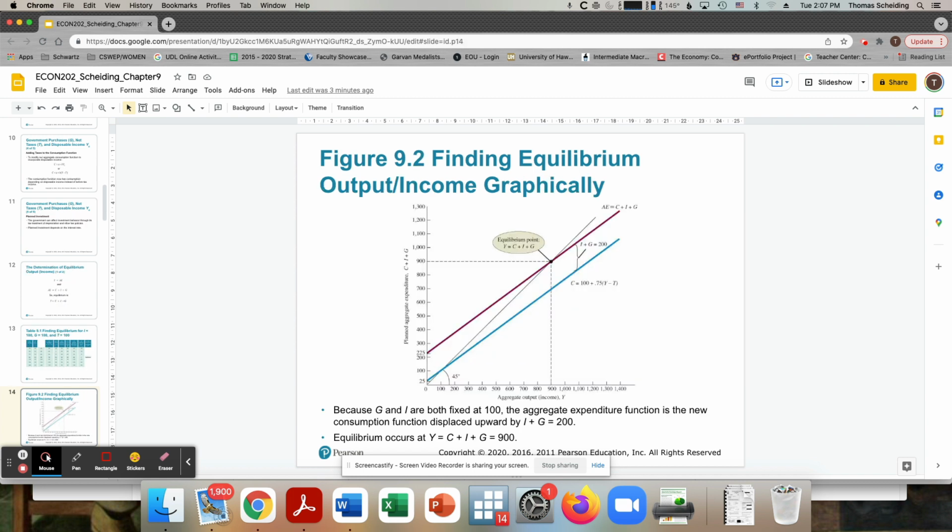Now, we can understand this as well with a graph, and maybe this makes it a little bit clearer. So let's draw a 45-degree line first. That's the first thing to do, this black line right here. Actually, let's draw it in real life too.